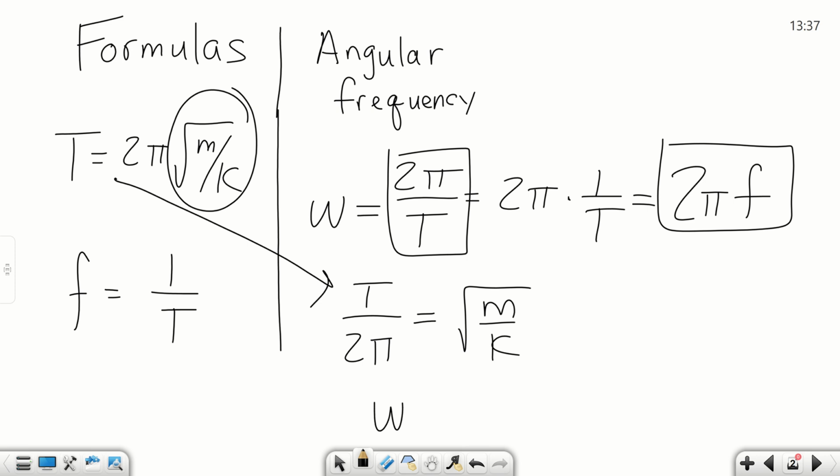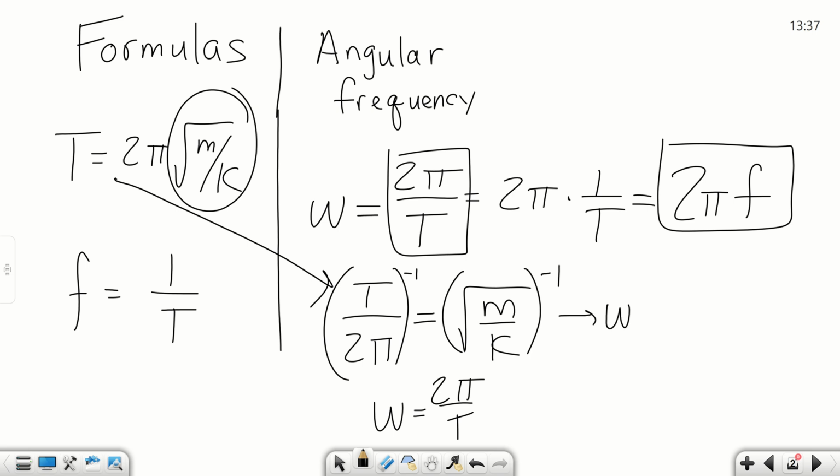Well, omega is equal to 2 pi over T. So if I simply invert the two of these, you can see that the angular frequency for a spring is equal to root k over m.